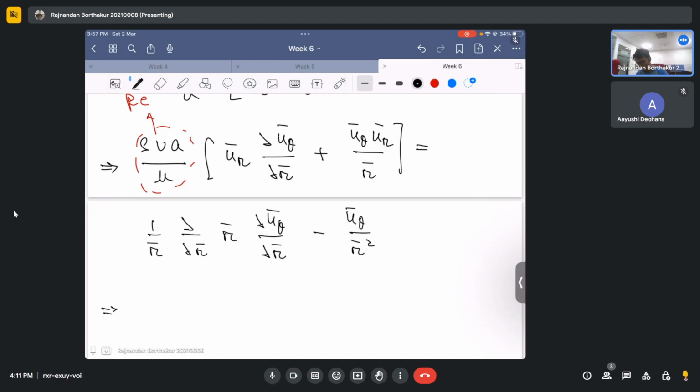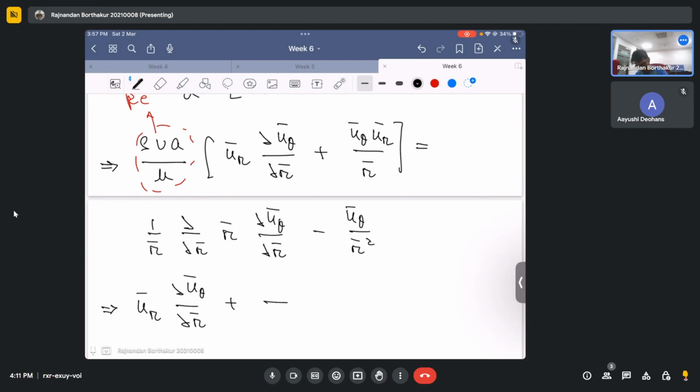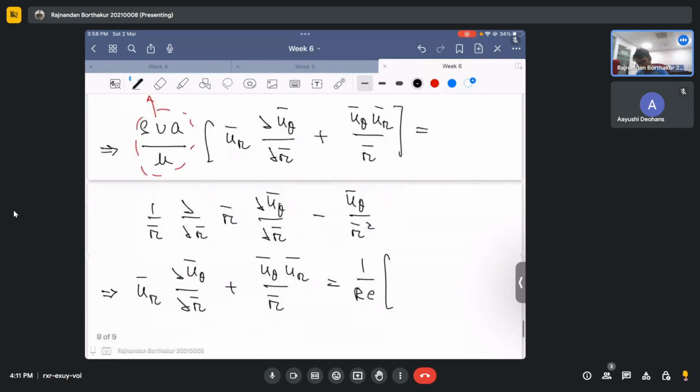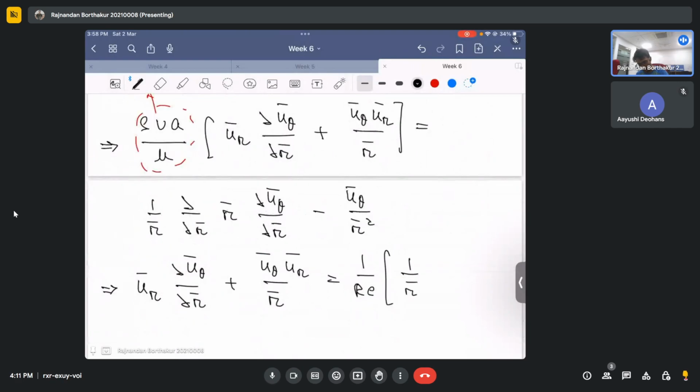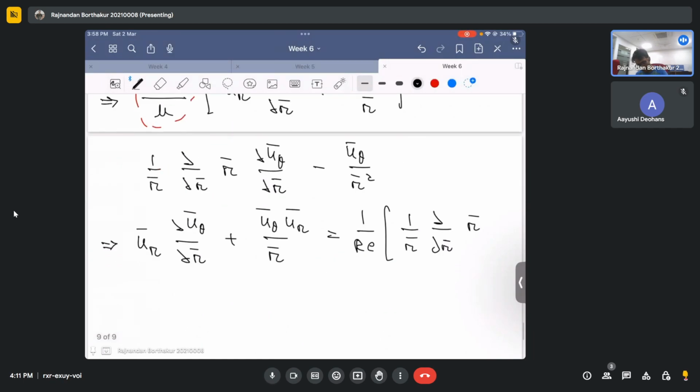The theta momentum equation becomes: u_r_bar del u_theta_bar by del r_bar plus u_theta_bar u_r_bar by r_bar equals 1 upon Reynolds number times 1 by r_bar del del r_bar of r_bar times del u_theta_bar by del r_bar minus u_theta_bar by r_bar squared.